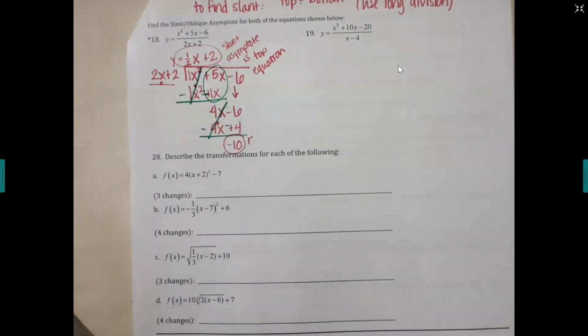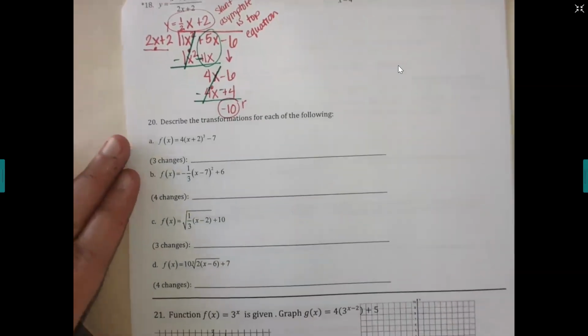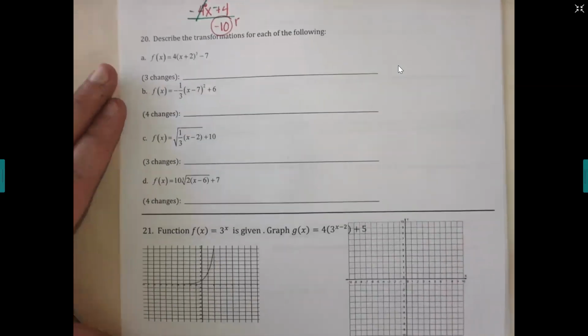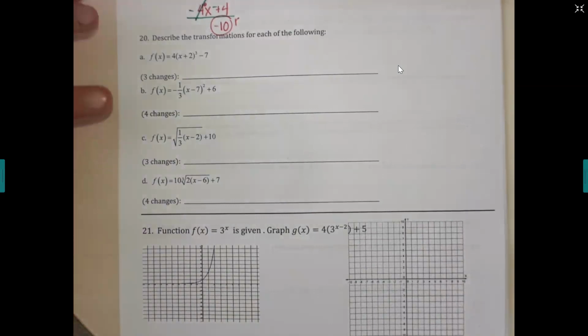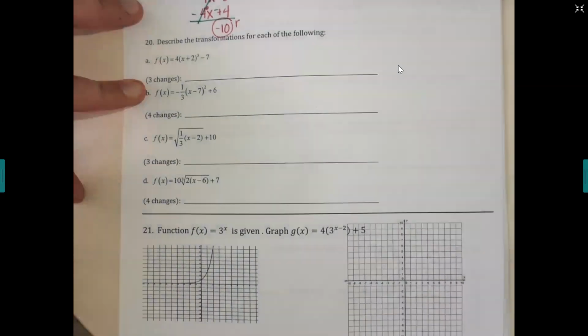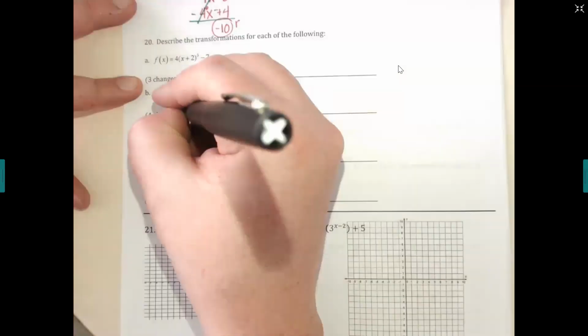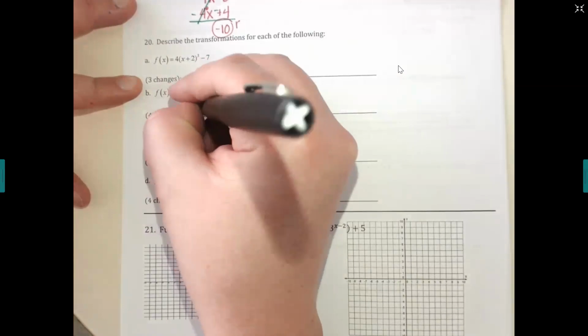So for number 20, if you have a number in the very front that controls a vertical stretch or compression. So let's take a look at letter B. Okay, we're gonna do B. What is the negative in the front gonna do? Okay, flip. So I'm gonna put ROXA, because a lot of y'all put that.